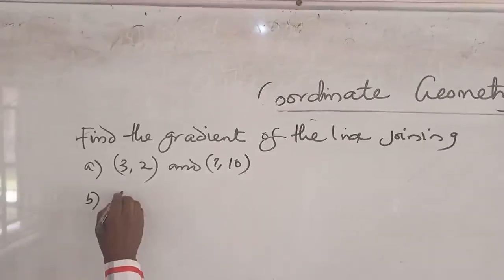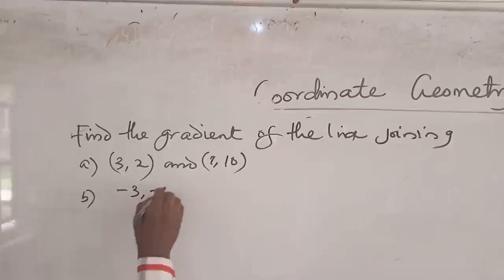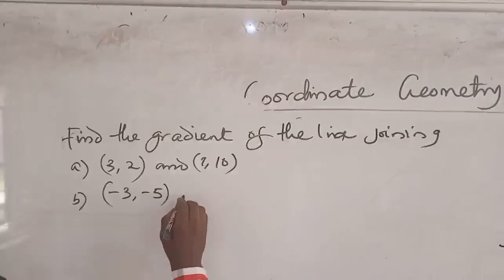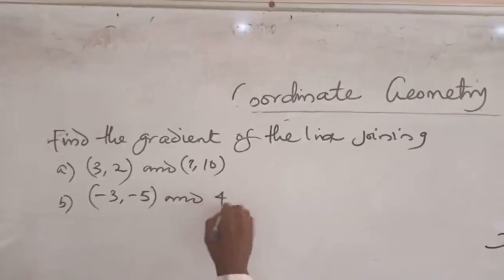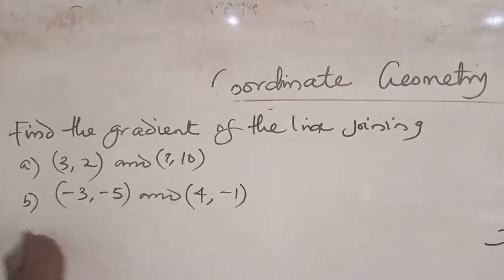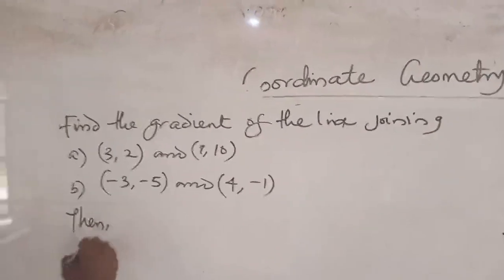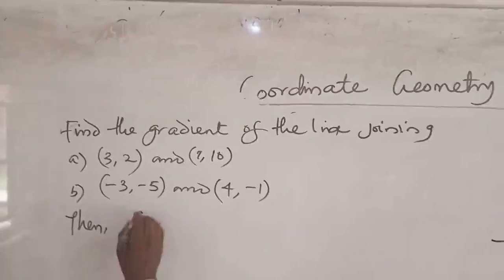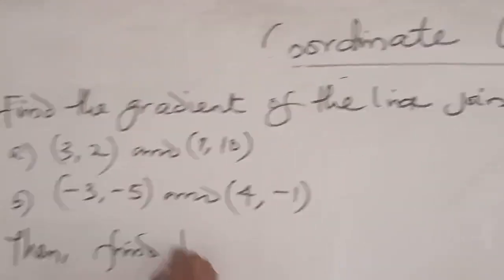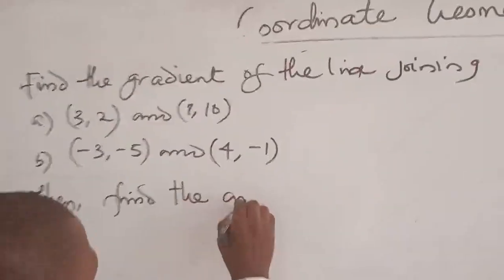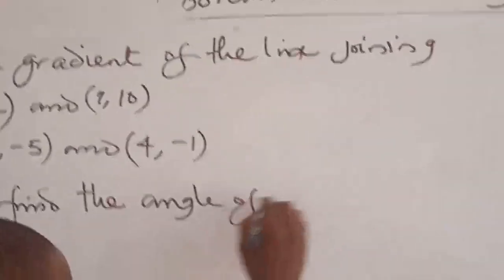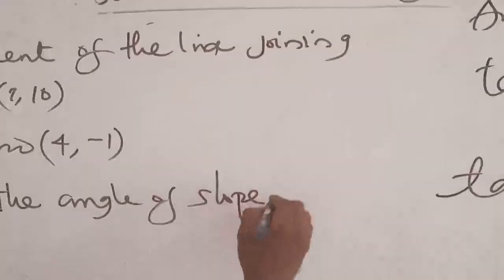Then B, (-3, -5) and (4, -1). Then find the angle of slope.